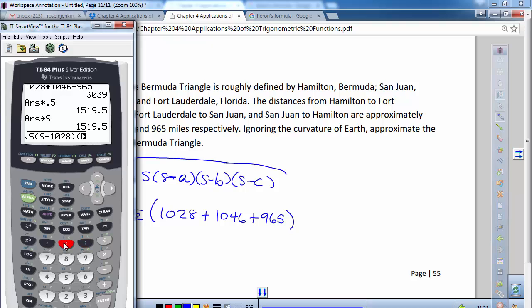Then we've got S minus 1,046 and S minus 965.